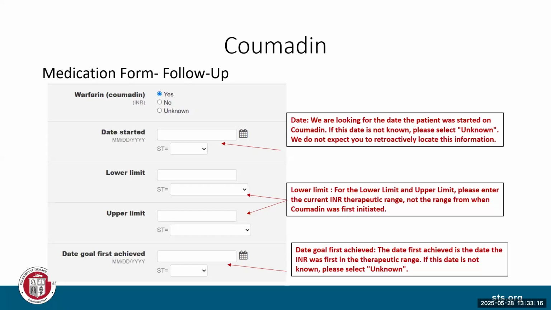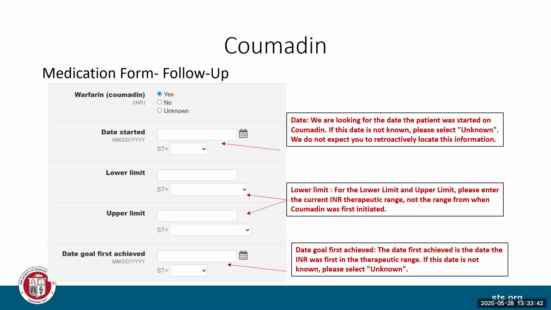So if they were in range the entire time, like your example, January 1st to July 31st, you would have to put unknown, correct? Because they were probably in goal prior to that.